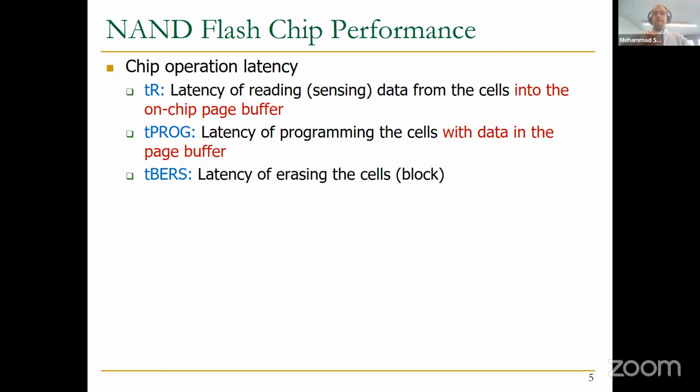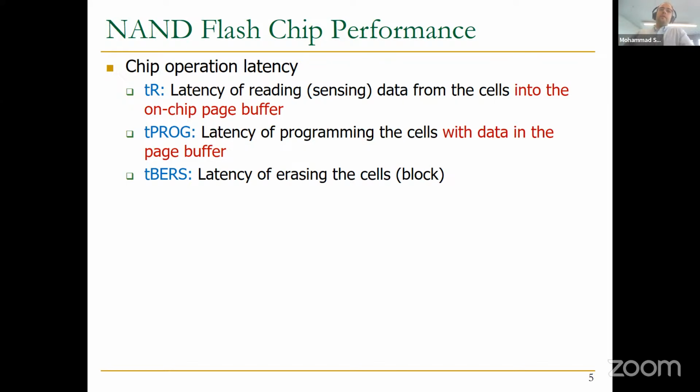We call that the sensing time, or tR, which doesn't include the latency to transfer your read data from the NAND flash chip to the controller and to the host.